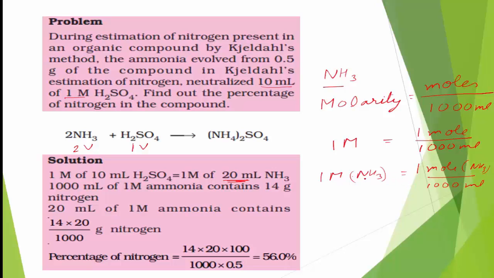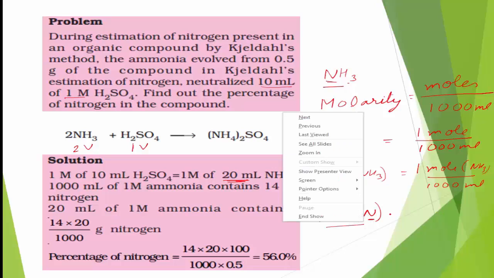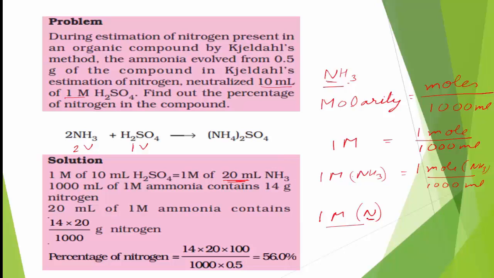Since in 1 mole of NH3 we have only 1 nitrogen, we can similarly say that 1m nitrogen will be there, similar to 1 mole NH3. So 1 mole of nitrogen is equivalent to a weight of 14 gram.